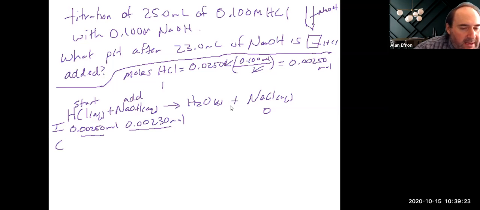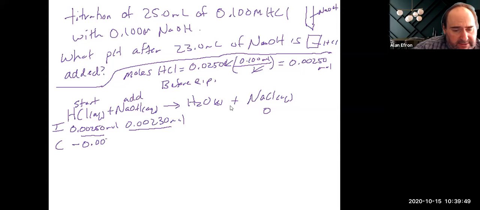That means I know I am before the equivalence point. You could use your ice table and your numbers to help you visualize where you're at while doing the calculation. That also means that at this point in the titration, our sodium hydroxide is limiting. It is less moles, so we're going to use that as the change.